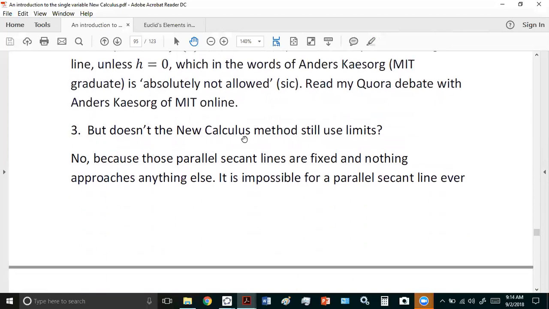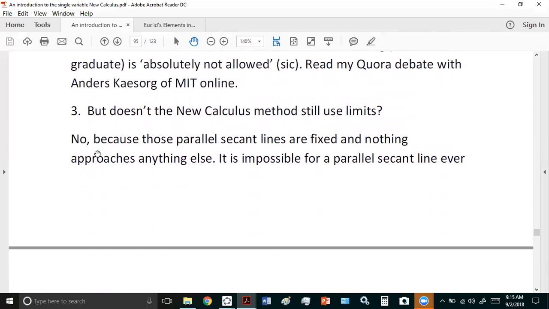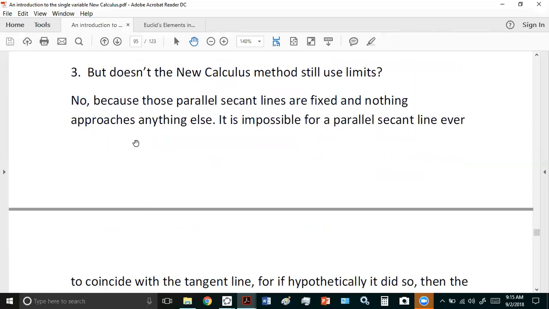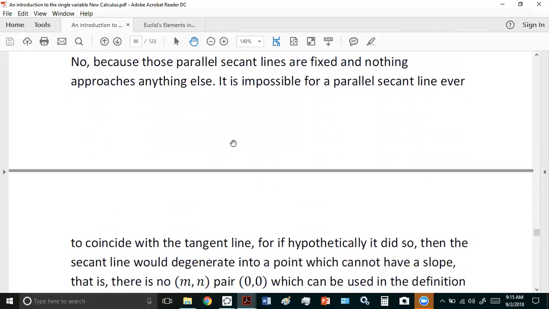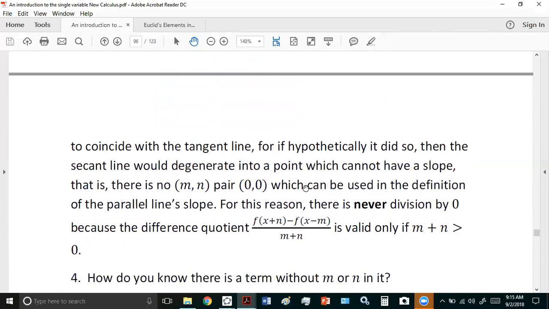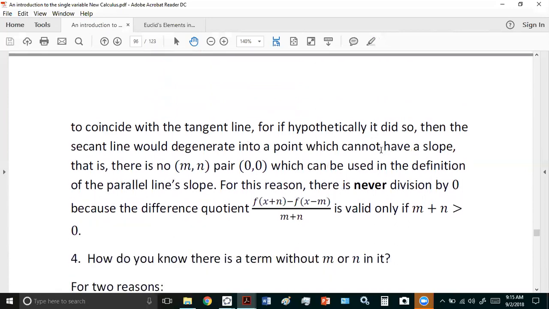But doesn't the new calculus method still use limits? No, because first of all, those parallel secant lines are fixed and nothing approaches anything else. It is impossible for a parallel secant line ever to coincide with a tangent line. For if hypothetically it did so, then the secant line would degenerate into a point which cannot have a slope.